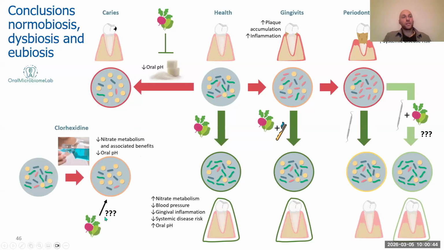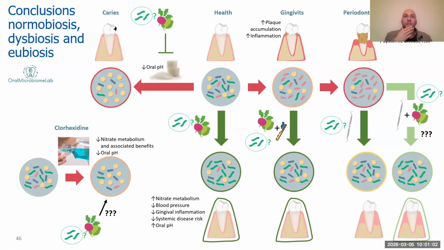And we now want to see if we could do something with nitrate in individuals that receive chlorhexidine to give these nitrate-reducing bacteria a boost after the chlorhexidine treatment. And we also are working on several studies in which we are exploring the effect of the nitrate-reducing bacteria as probiotics to see if they can further stimulate nitrate metabolism and its benefits.